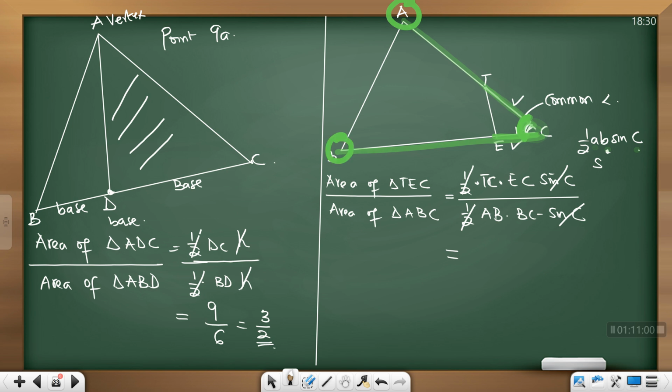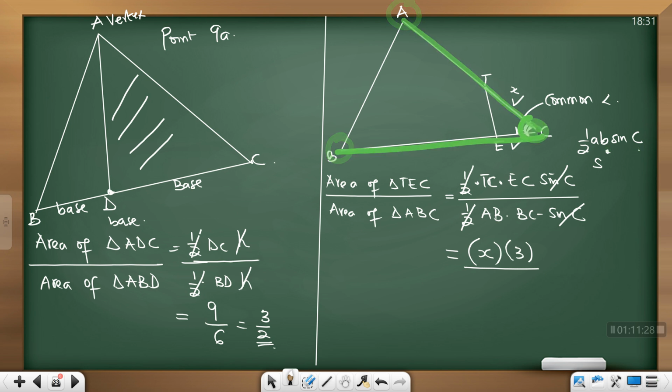Do we know TC? No. Stop lying. It was 1x. Huh? No, TE is 4. TC is 1x, I think so. Yeah. What is EC? 3. What is AB?